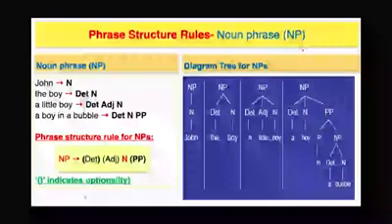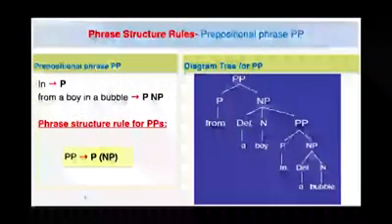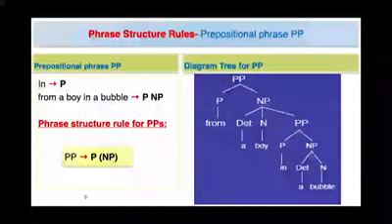Of course, the head of the prepositional phrase is the preposition, which is in, and it has another complement, which is a determiner and a noun, a bubble. Okay, the bubble, the determiner and the noun. Let's move on to another type of phrase, which is the prepositional phrase.